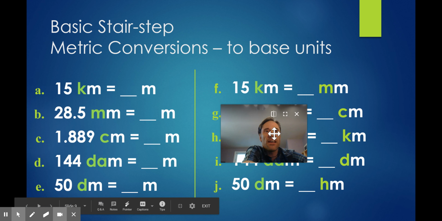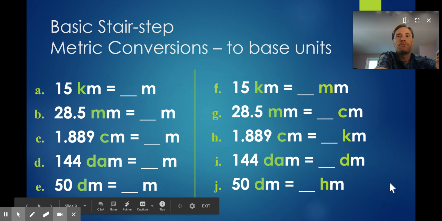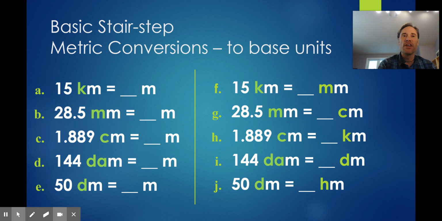So this being the case, let me see if I can stick me in the corner over here. I have a set of questions here, A, B, C, D, E, F, G, H, I, and J. And what I'd like for you to do is to try each one of these on your own. So get out a piece of paper right now, get out a pencil, and I have some resources of the stair-step method.